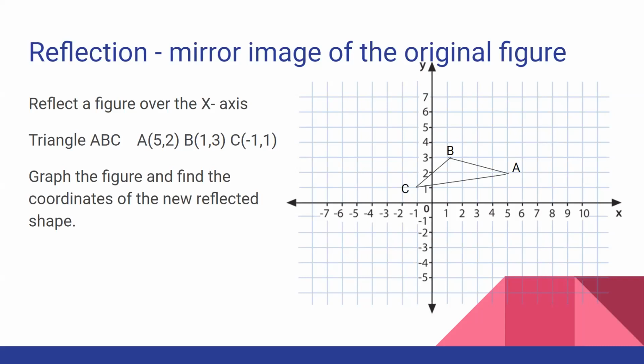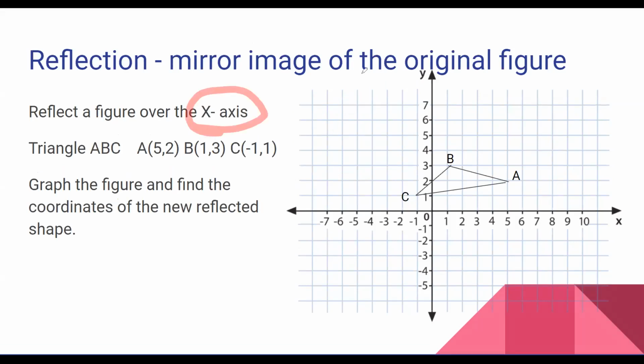There are two ways that you would be asked to reflect a figure. You will either be asked to reflect it over the y-axis or over the x-axis. This is important to look for. So this is the x-axis. If I'm reflecting a figure over the x-axis, that means I'm flipping it that way.